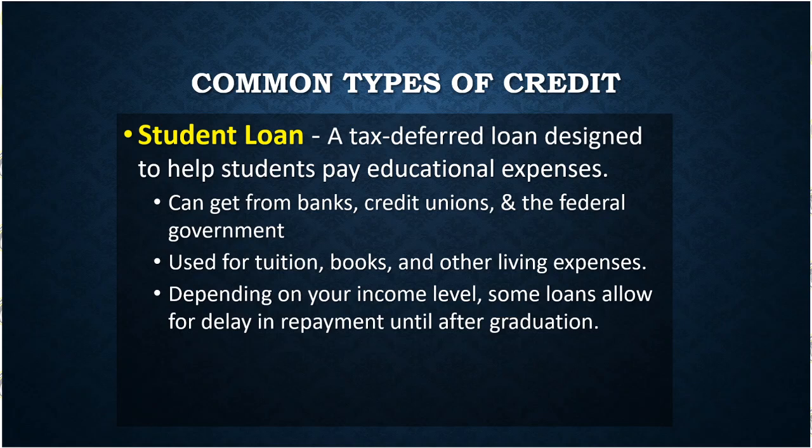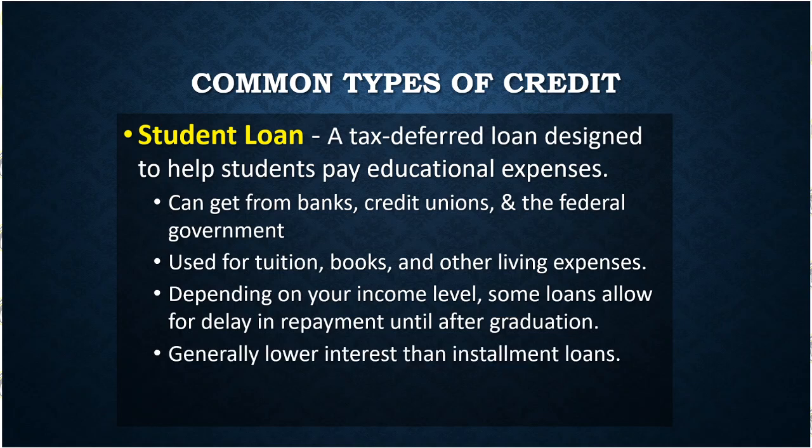So if you borrow $5,000 on a student loan as a freshman, it's still going to be $5,000 4 years later when you are a senior, because nothing is going to accumulate on that loan as long as you're still a student taking at least half-time credits. Generally speaking, student loans have the lowest interest rate of all the stuff that we're going to talk about here because it's backed by the government. There's not a whole lot of risk there.